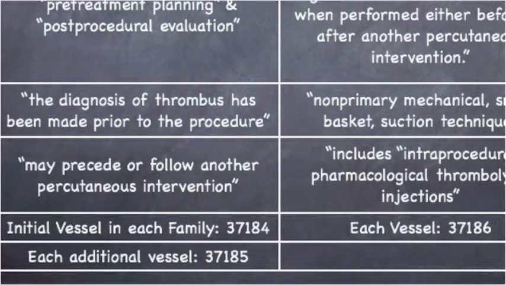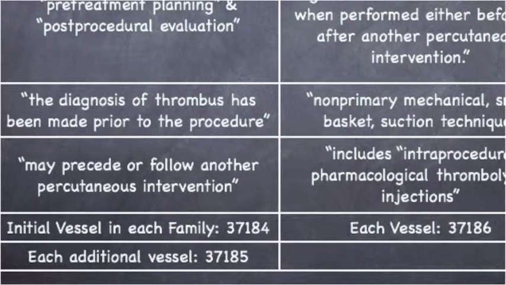The codes are slightly different. You'll see with the primary thrombectomy, there's two different codes. The first one is for the initial vessel that we perform this procedure in each vascular family, and that's code 37184. And then we just add one digit on and make it 37185 if we do an additional vessel thrombectomy.